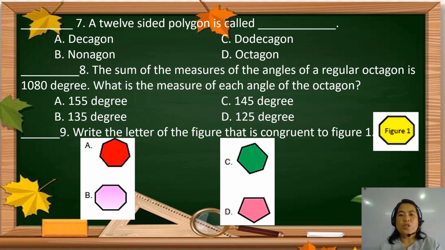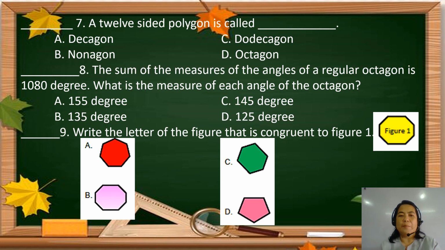What is the measure of each angle of the octagon? A. 155 degrees, B. 135 degrees, C. 145 degrees, D. 125 degrees. So how to answer? 1080 divided by the number of sides of an octagon. Then write the letter on the blank.